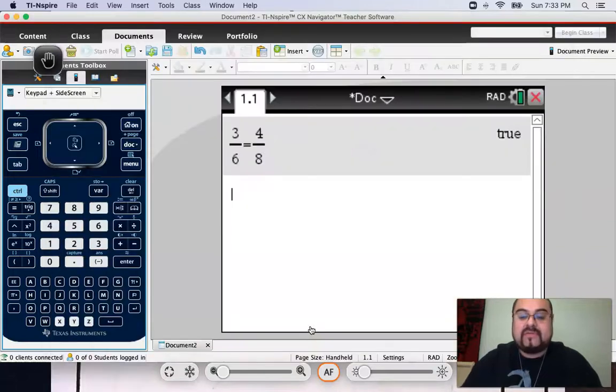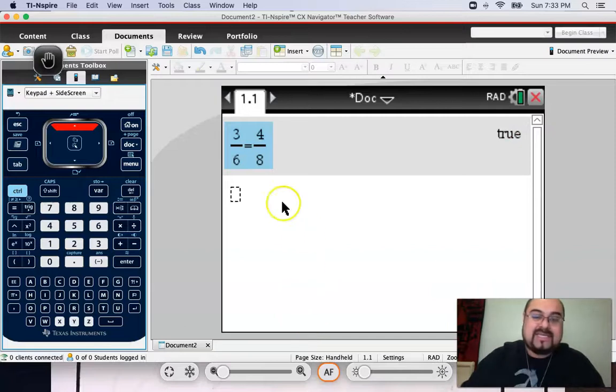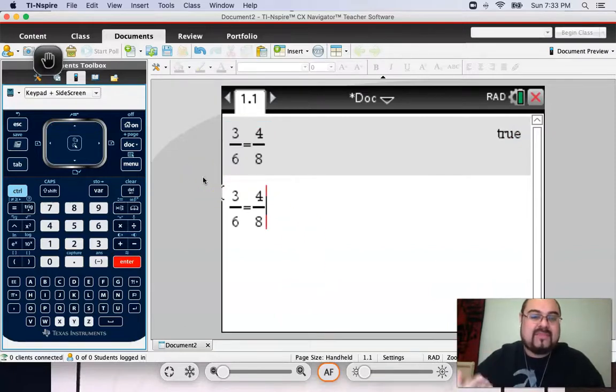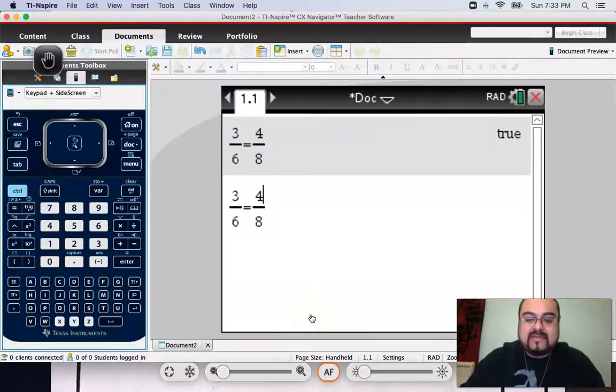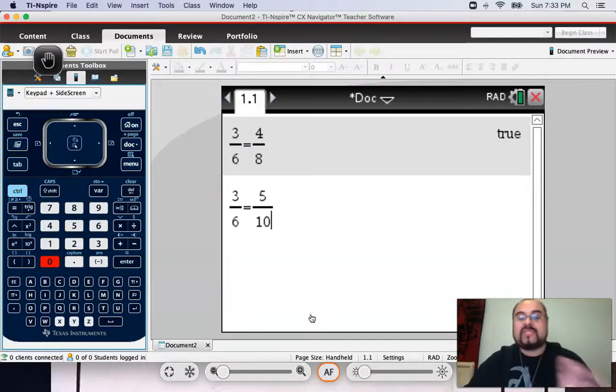All right. The way we do that, hit up, up. Once you see that highlighted, hit enter. That's going to copy and paste it for you. Click back, and now you can delete the 4/8 and put in the 5/10. Okay, 5/10. So you're going to have to do it twice for this postulate. Okay, hit enter.